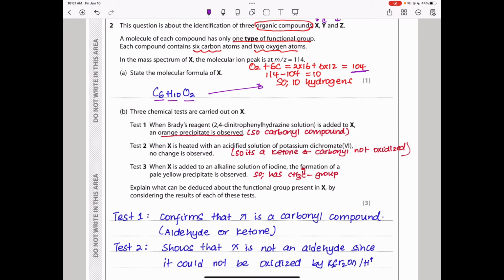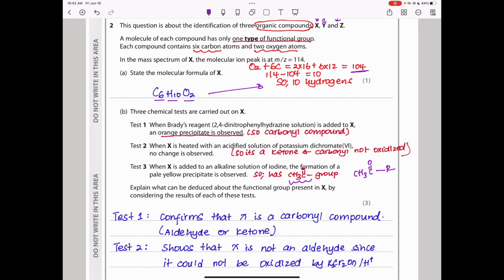So X could have a CH3C=O group. We have confirmed it's a ketone, a carbonyl that cannot be oxidized, and it reacts in the iodoform test. If it gives a positive iodoform test, it means it has that group, and then something on the other side.